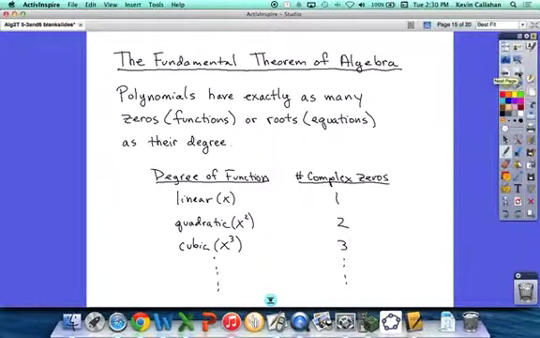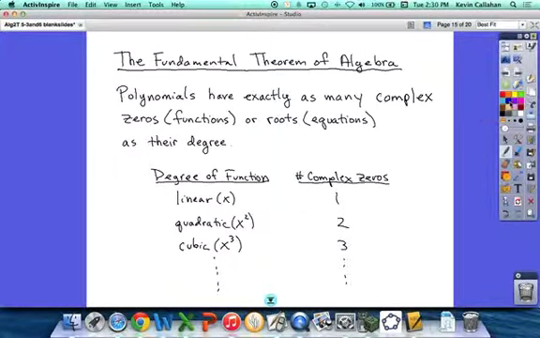Which brings us to the fundamental theorem of algebra. The fundamental theorem of algebra says that polynomials will have exactly as many zeros or roots as their degree. Okay, some will be real, some will be imaginary, but the total number of complex zeros will be whatever is the degree.